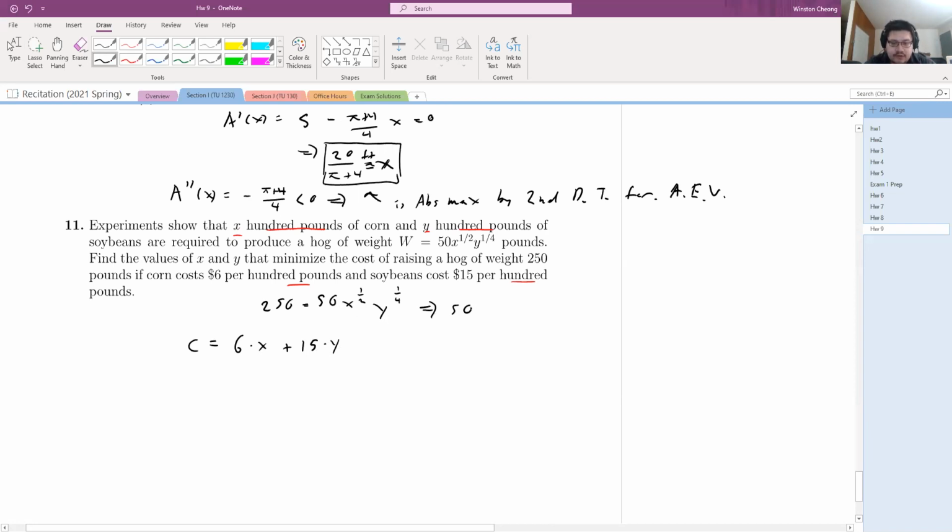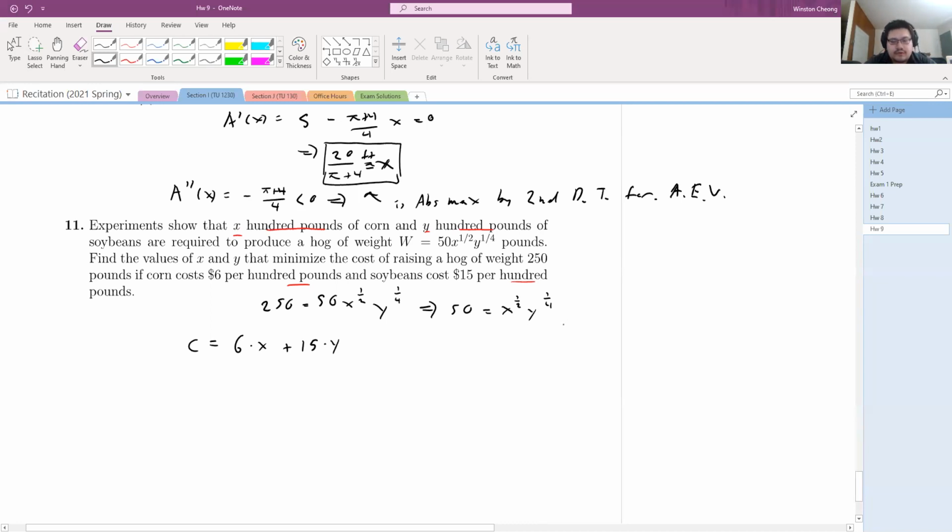Divide by 50, we're going to get 5 is equal to x to the 1/2 power, y to the 1/4 power. Then what I want to do is raise both sides to the 4th power. That's going to get rid of the square roots.